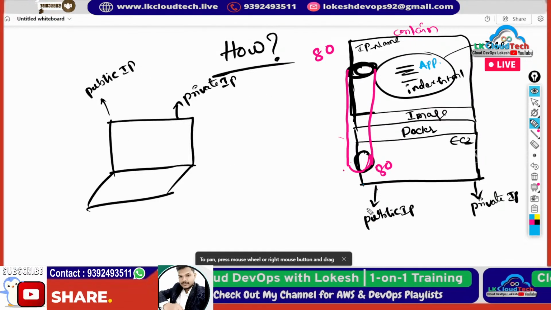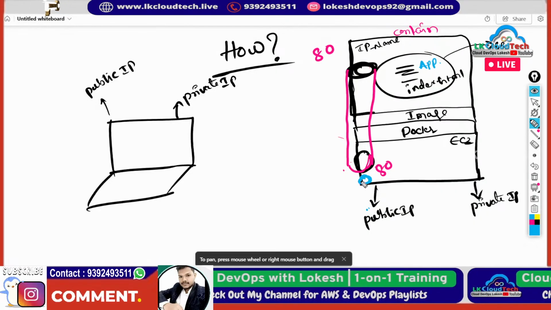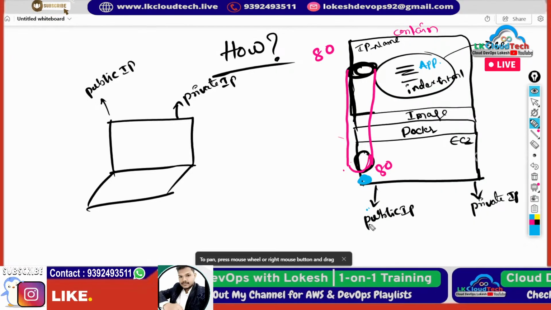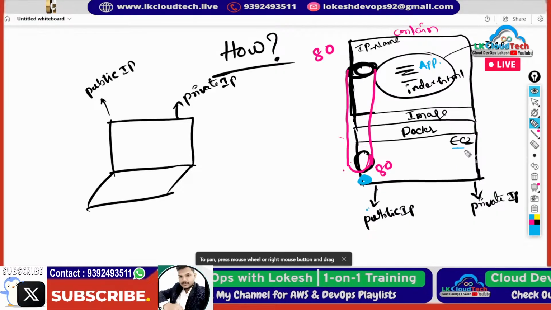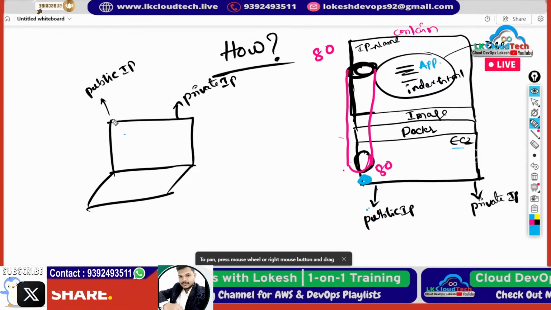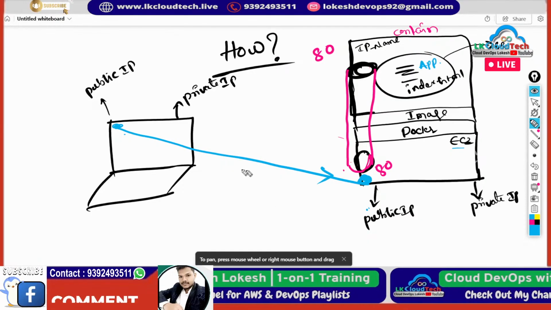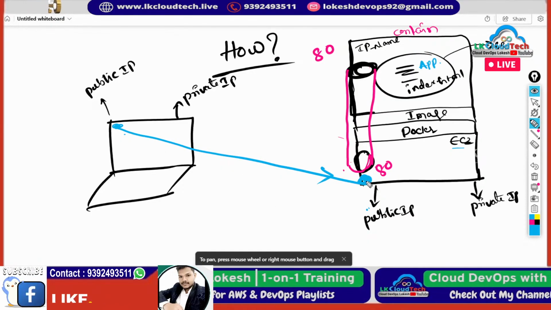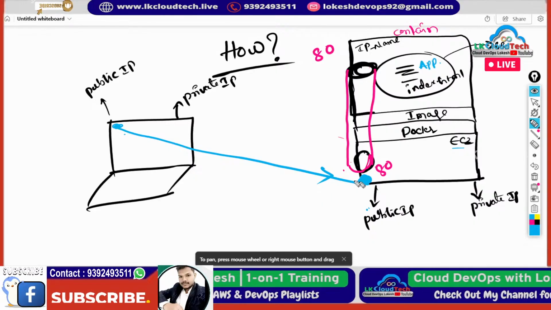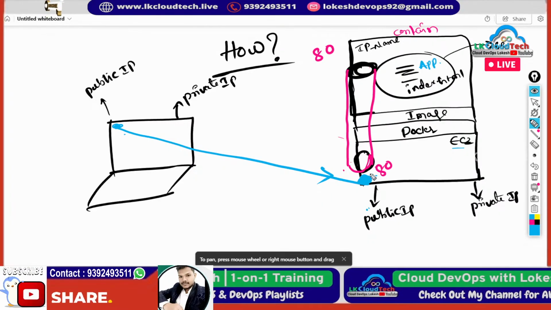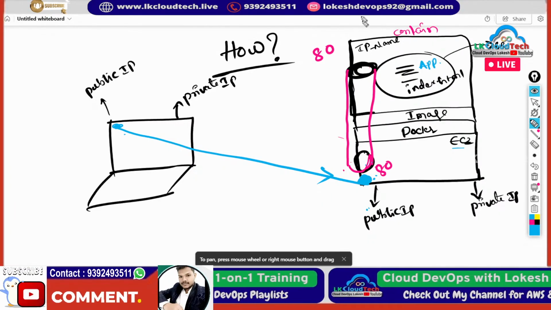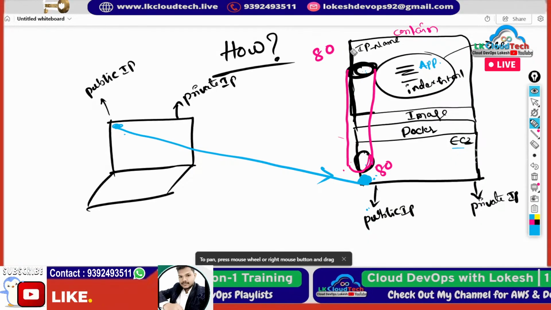It has a public IP, in the sense of the EC2 machine. Using this public IP, this laptop will communicate. Whenever you enter the EC2 machine, you communicate with the container through the port.